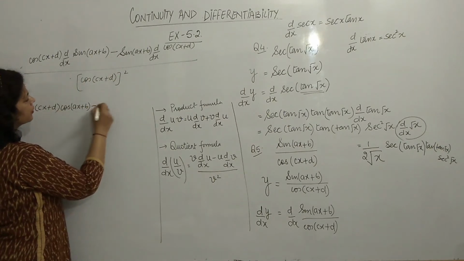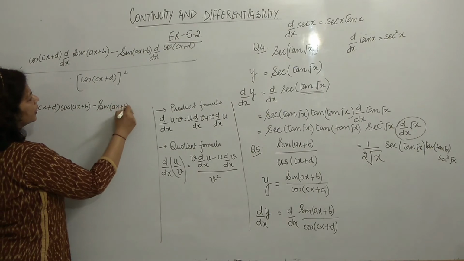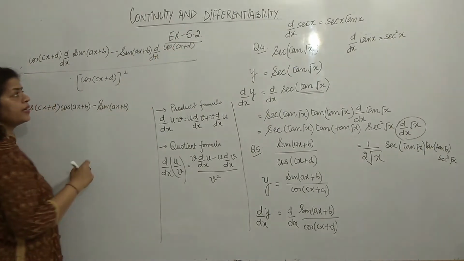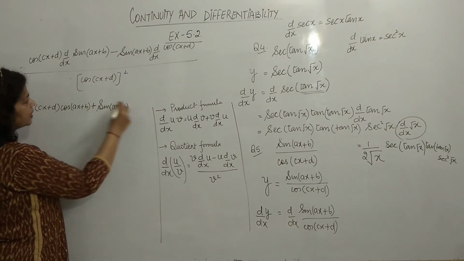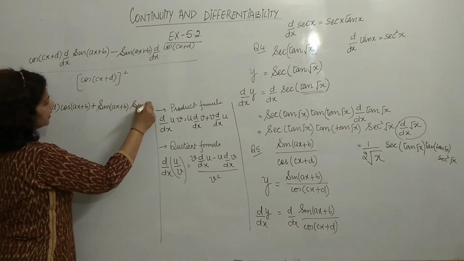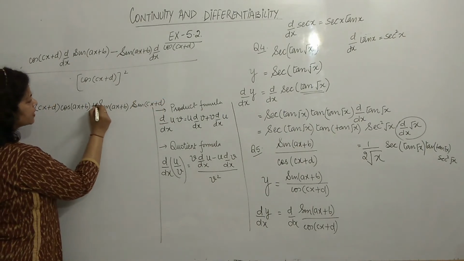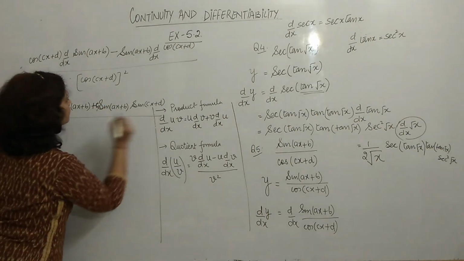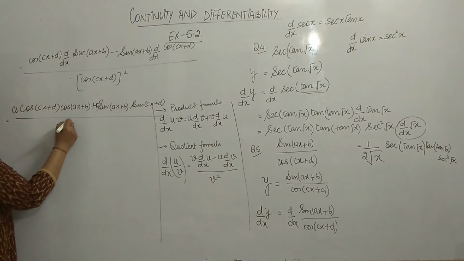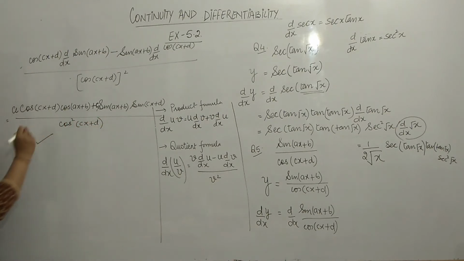Minus sin ax plus b, the derivative of cos cx plus d is minus sin cx plus d, minus minus plus sin cx plus d, and the derivative of cx plus d will give you c, right? Divided by cos square cx plus d, and here is your answer.